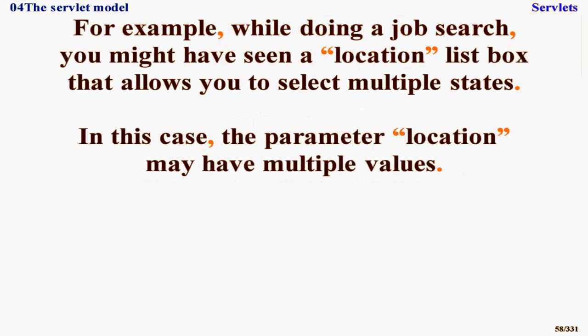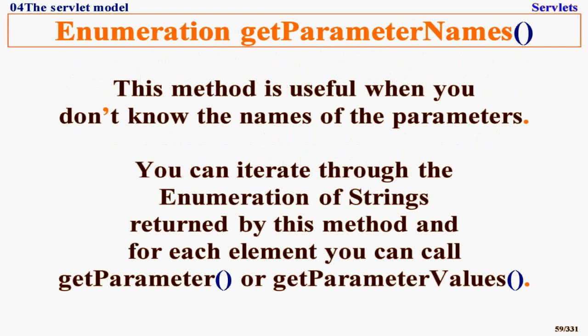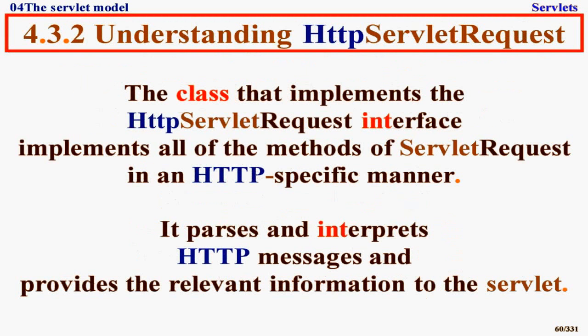For example, while doing a job search, you might have seen a location list box that allows you to select multiple states. In this case, the parameter location may have multiple values. Enumeration getParameterNames. This method is useful when you don't know the names of the parameters. You can iterate through the enumeration of strings returned by this method, and for each element you can call getParameter or getParameterValues. 4.3.2.